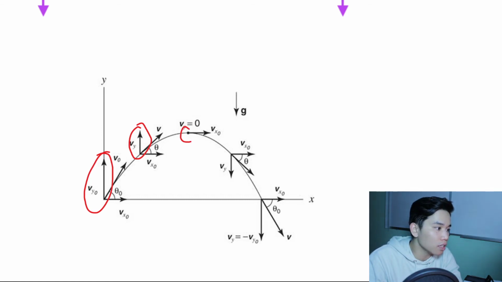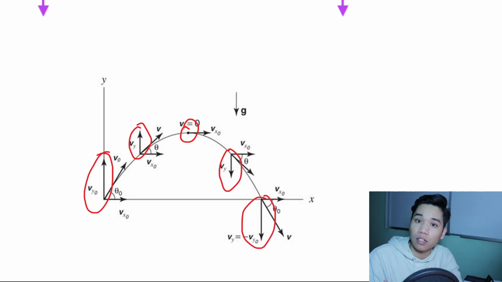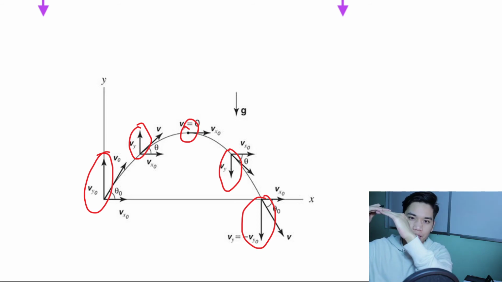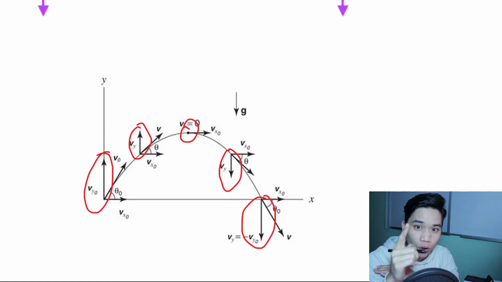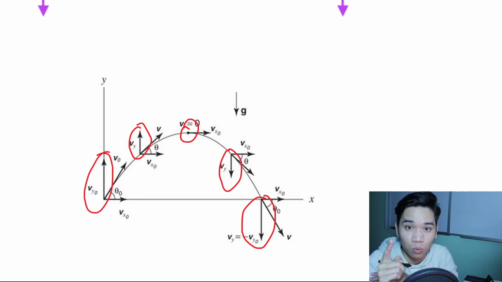You can see how it's changing and how this is a direct influence of gravity. It starts off with some vertical velocity because it's traveling upwards, but that vertical velocity decreases until it reaches the max height where vertical velocity is 0. There's still a horizontal one, okay?